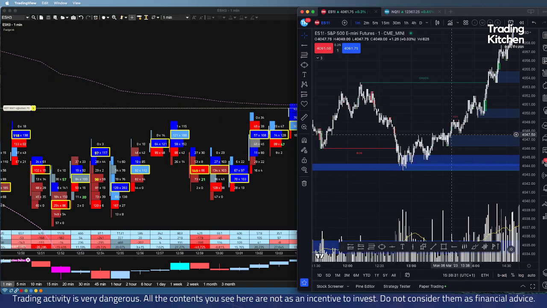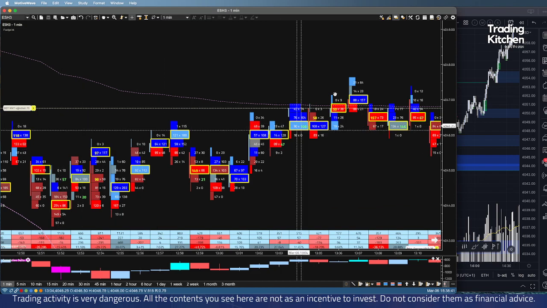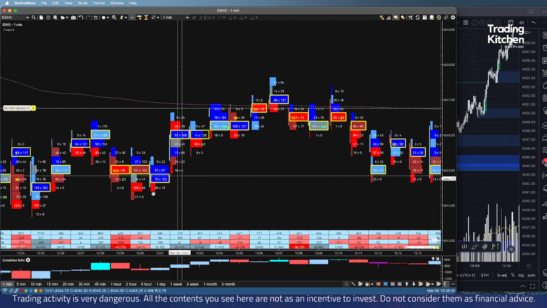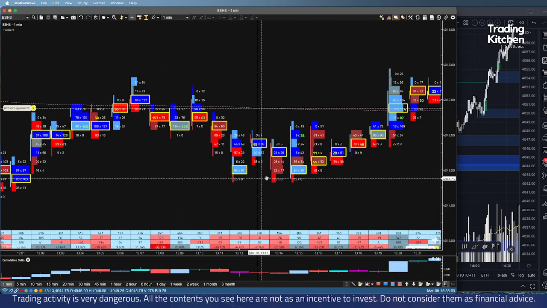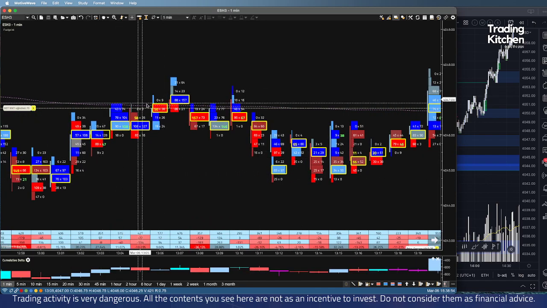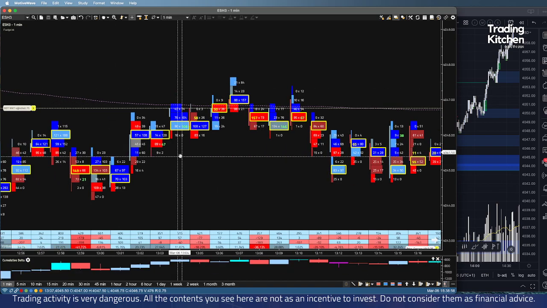Structure has been changed, and you can wait for a retest here on the first untested POC, for example, as a trigger for opening a long with the change of structure.